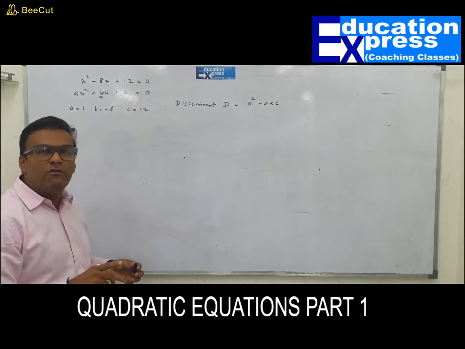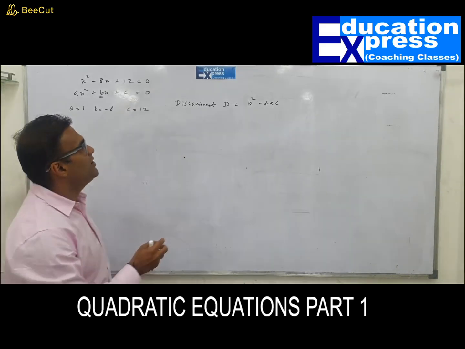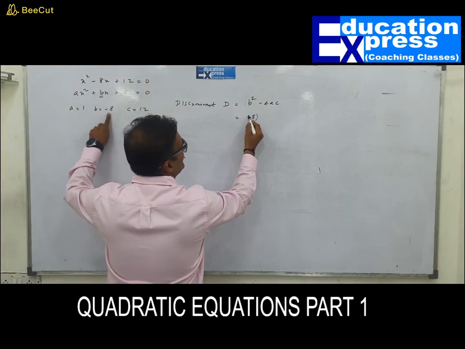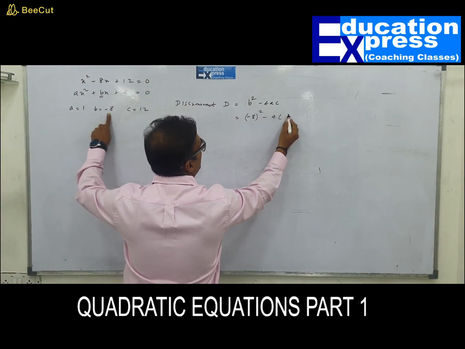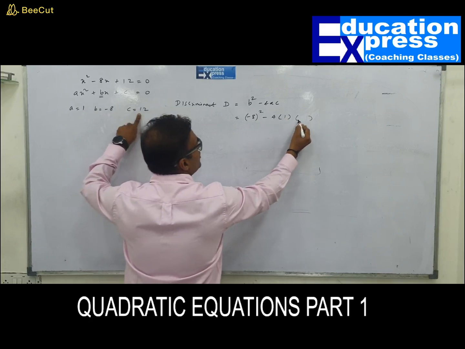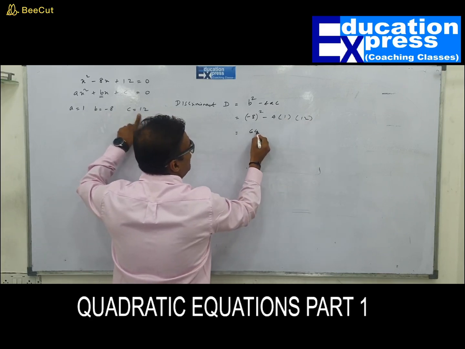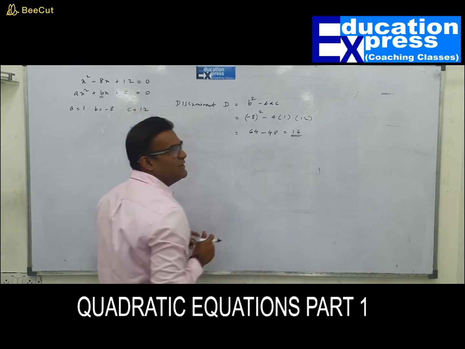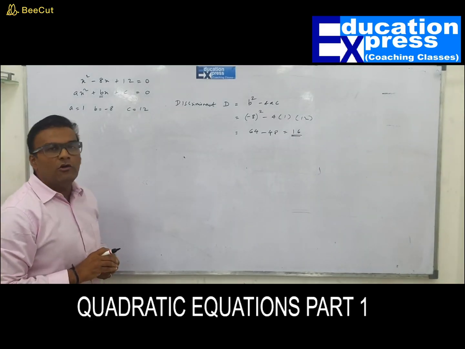Yes. Kindly substitute. What is the value of b? Minus 8. Minus 8 the whole squared, minus 4 times a, which is 1, times c, which is 12. 64 minus 48, resulting in 16. So we found the value of the discriminant.